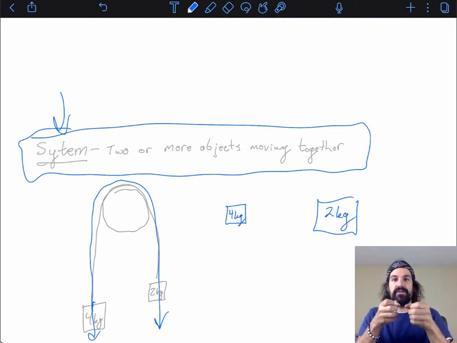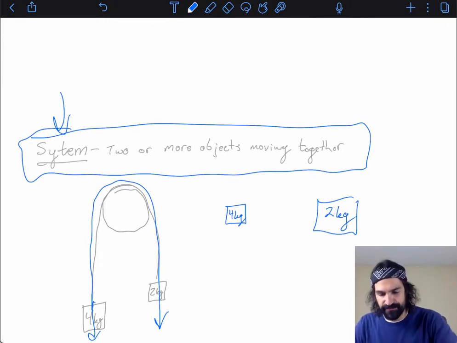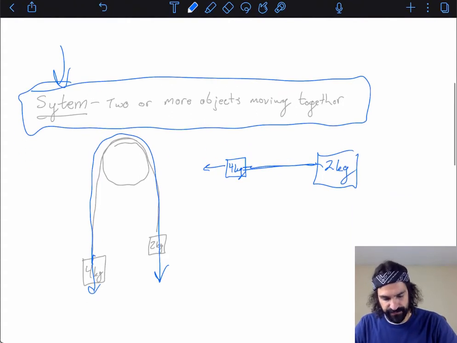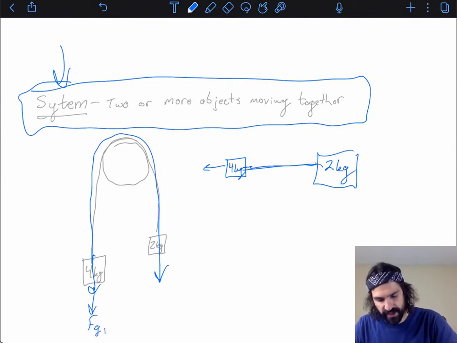And if you think about it more easily, you can stretch the objects out so that you have the 4 kilogram object on the left, the 2 kilogram object on the right, and we have the force of gravity of the first object and the force of gravity of the second object.